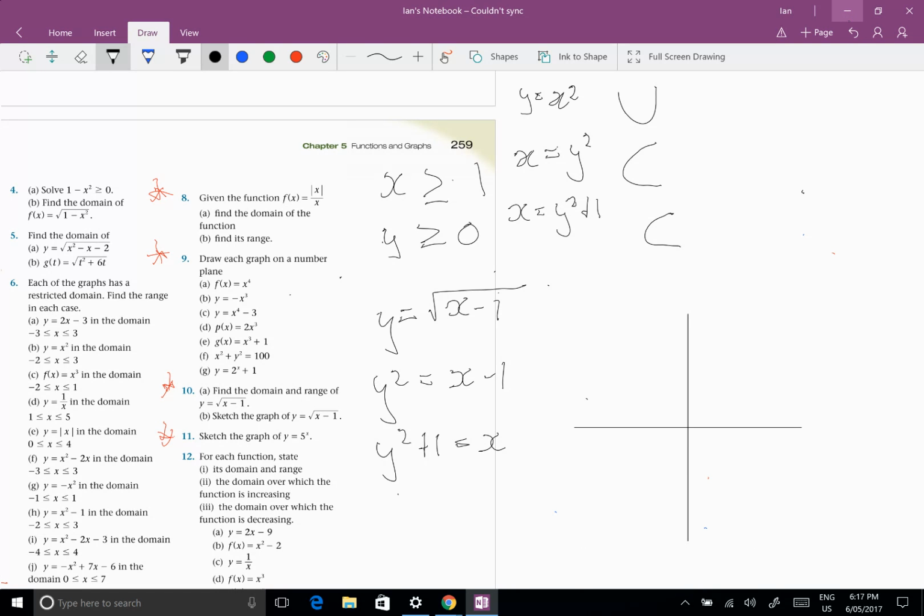And we know that it's a parabola on the side through 1 like that. But it only wants the positive square root. So we only want the part above. And that's what the function looks like.